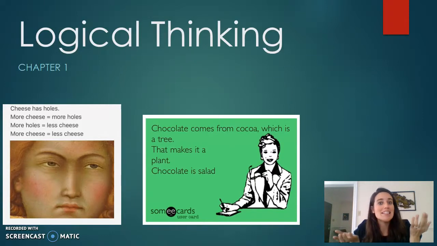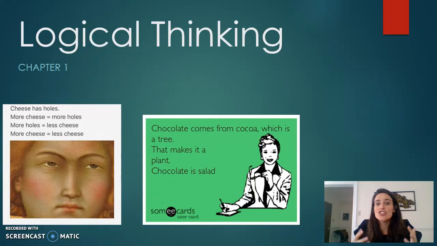Therefore, more cheese equals less cheese. Confused face. Our second one: chocolate comes from cocoa, which is a tree. That makes it a plant. Therefore, chocolate is salad. While these would be nice, clearly there are some logical fallacies at play.